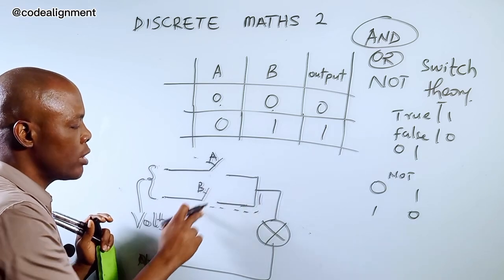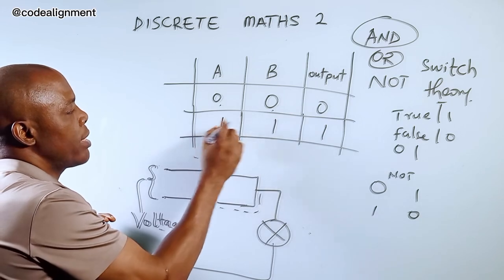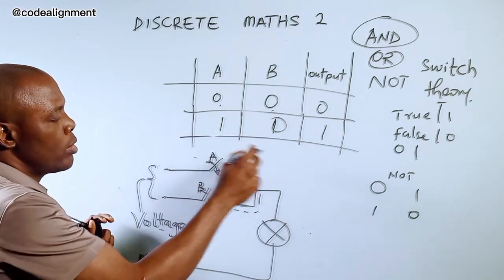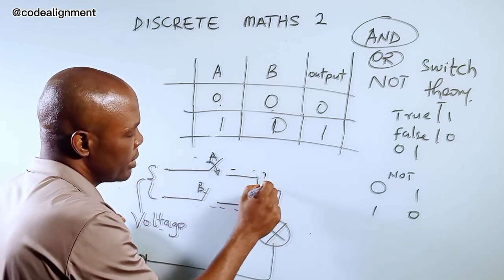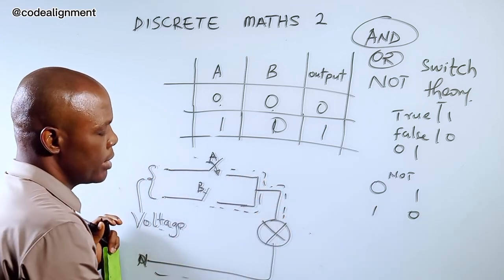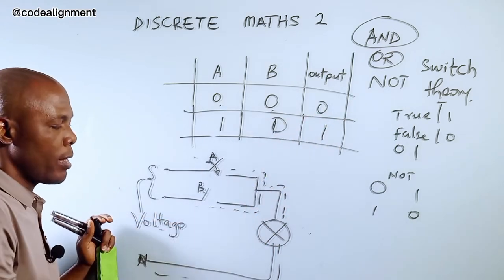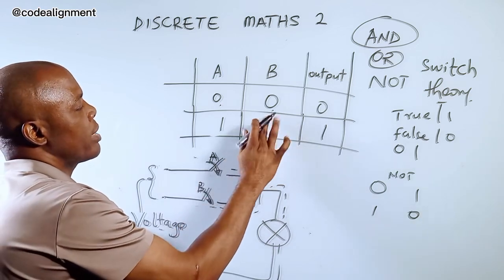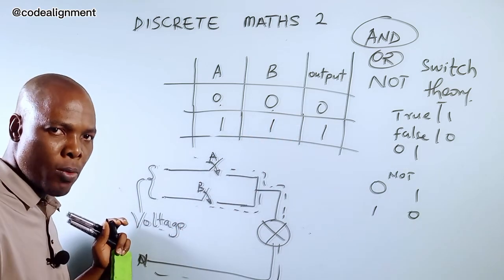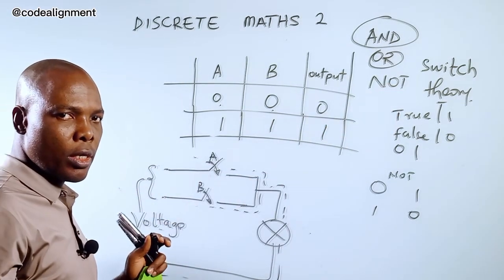Now, if I open this switch and close this switch, A is 1 and B is 0. What will the output be? This time, it will go from this part like this to this, and then this one. So the bulb will be on, and the output will still be 1. Now, if I close this one and I close this one, so both are 1, the output will still be 1. That is the concept of the switch theory.